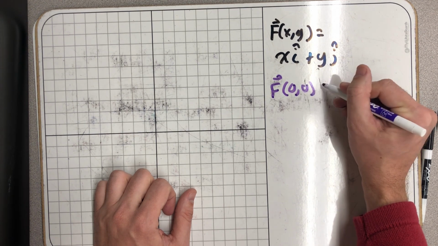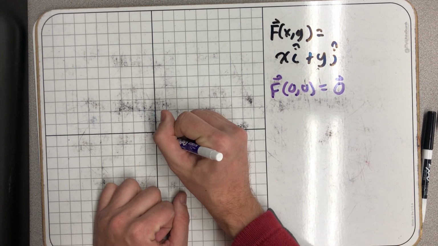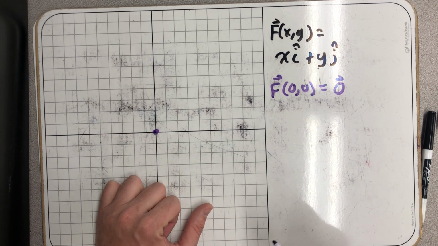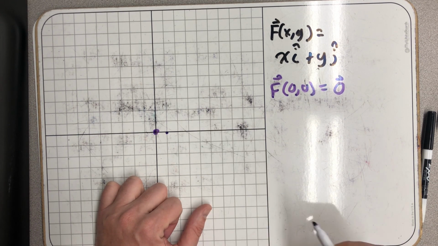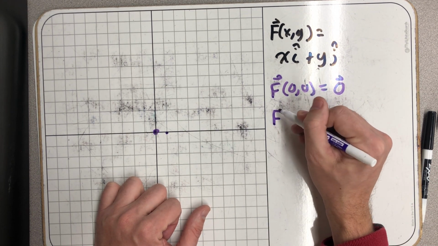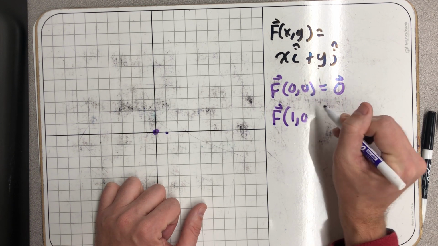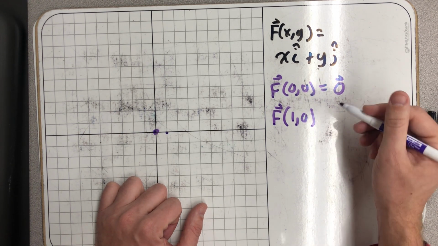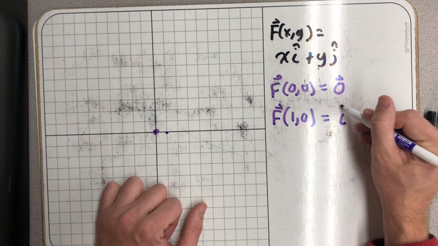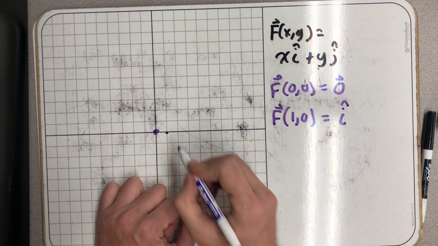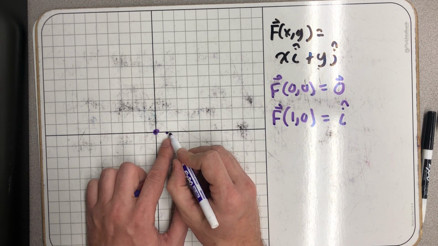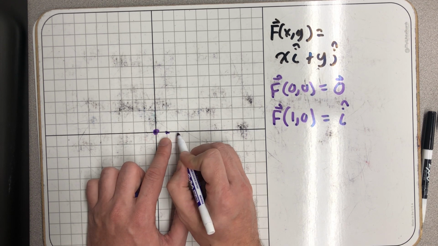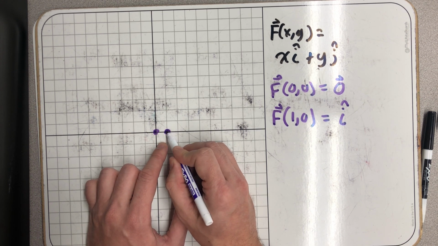Well, that would just give me the 0 vector, and I'll just plot a point there. Now let's draw the vector that would occur at the point 1, 0. That would just be the vector i. So I draw the vector i, so it points one unit this way, but I draw it as if this was its base point.